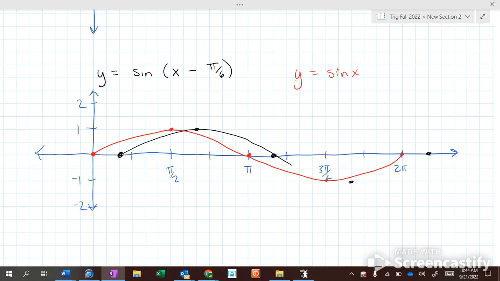If you don't have squares, you just guesstimate. If you're doing it on your notebook, you just guesstimate about pi over 6. Pi over 4 is halfway in between pi over 2 and 0, so pi over 6 is just to the left of pi over 4.